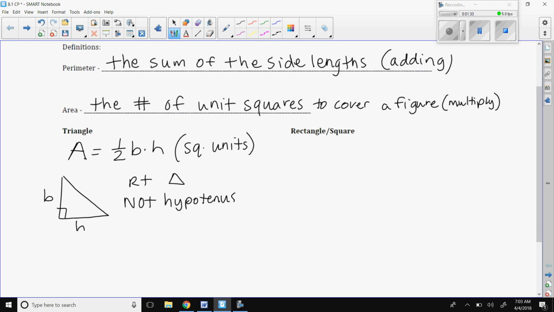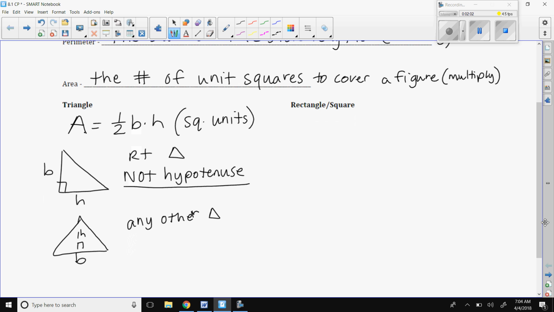We're not going to use the hypotenuse here for a right triangle. And when we have any other triangle, we're going to have a base, which can be any side, and you're going to need to draw in the height, or you're going to be given the height, okay?